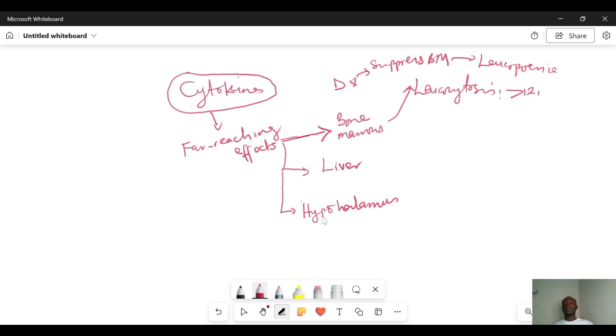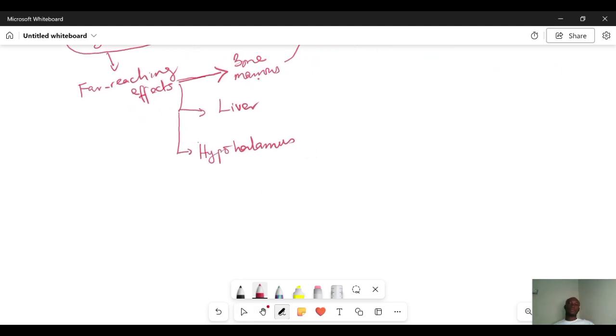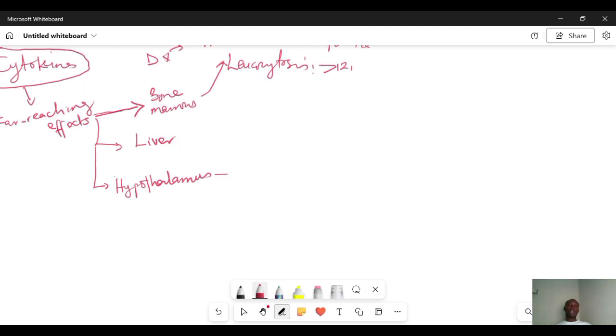Okay, so let's explore this further. The hypothalamus, that's where we have the temperature set point.